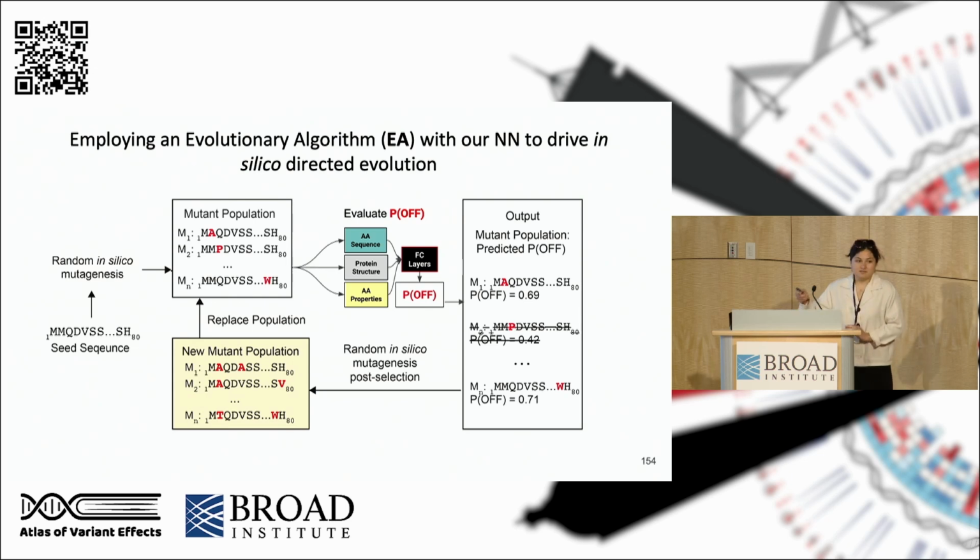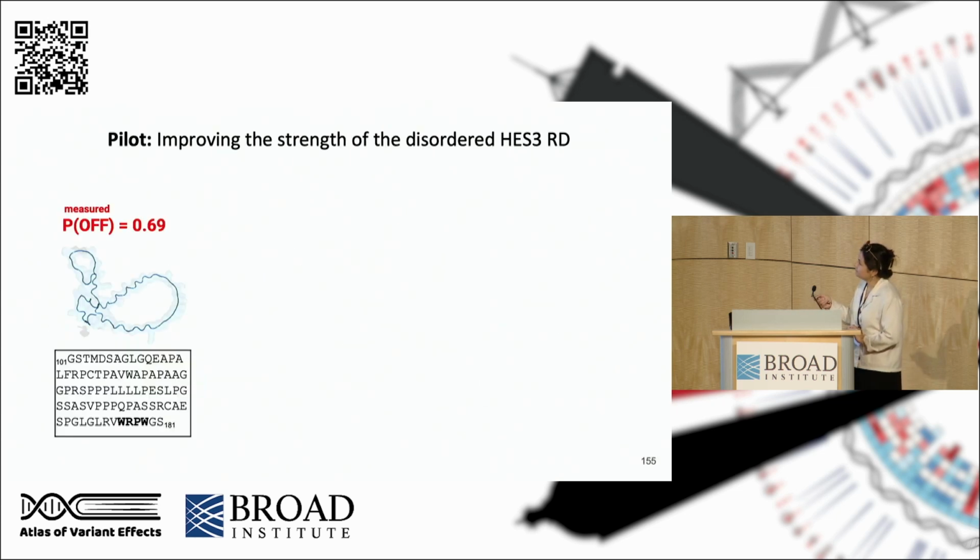We generate a new mutant population, and the cycle repeats until we evolve a sequence that our model hasn't seen before, but that it predicts will have a function similar to the target function that we're looking for. This is just an example of how it worked in a pilot study.